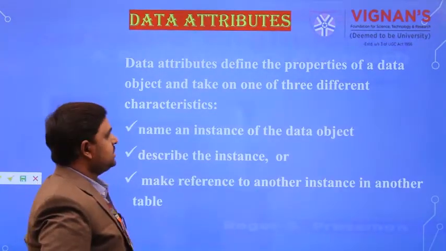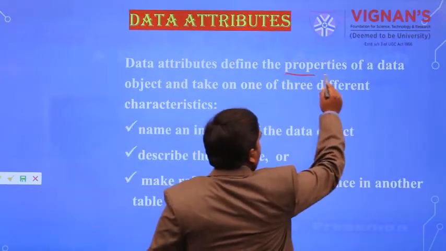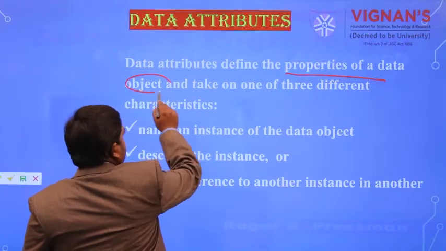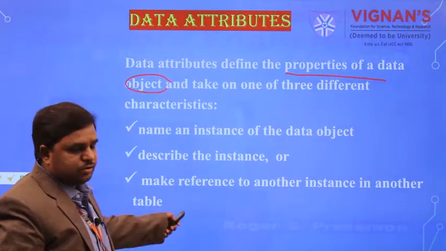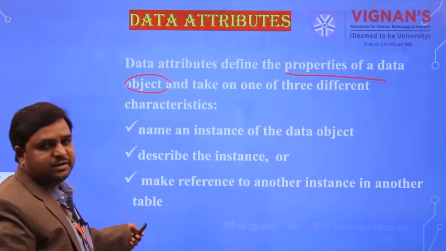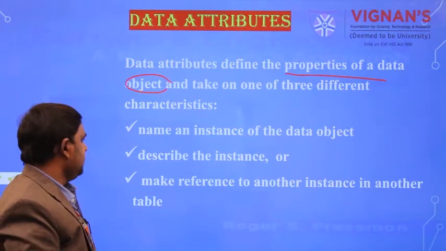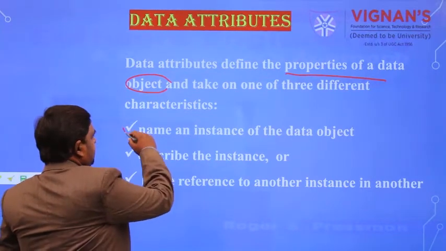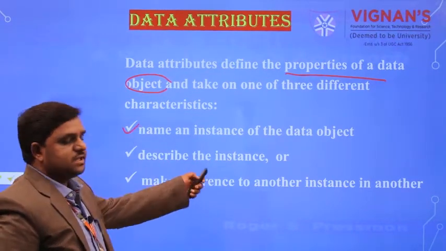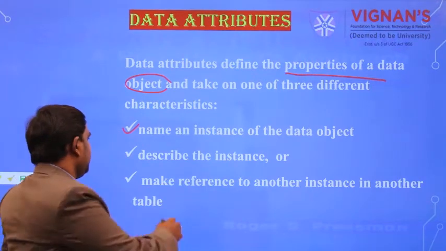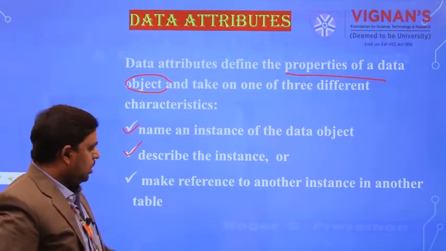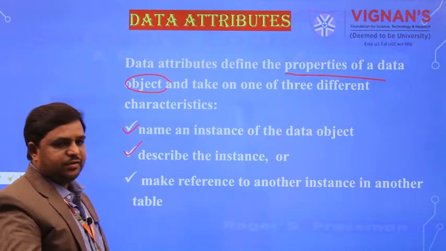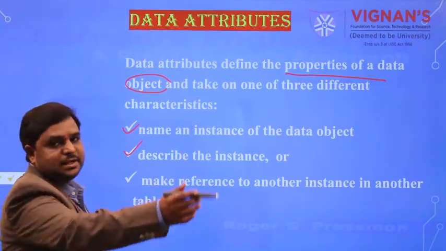So data attributes define the properties of data objects, and each takes any one of three different characteristics. The first is to name the instance of a data object, or to describe the instance, or to make reference to another instance in another table.